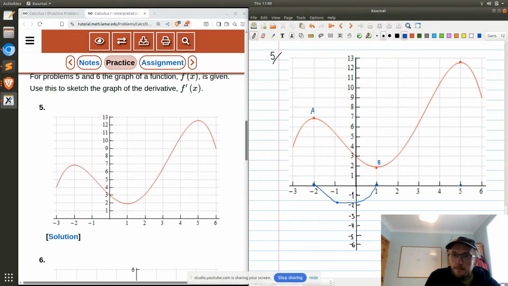And then from B to C, the change in the y value is 10.5, and the change in the x value is 4. So 10.5 over 4, which makes, let's say, a little bit over 2.5.